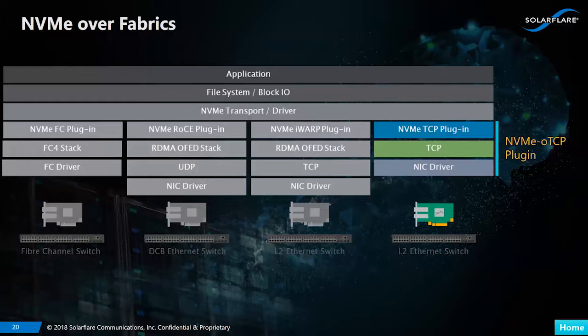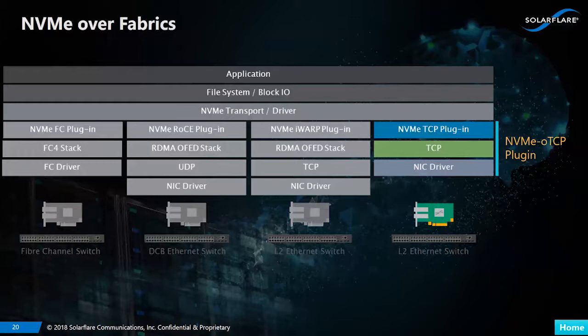That will give everybody in the industry a TCP kernel plugin that can run on any Ethernet NIC. So everybody on this call, plus our other competitors, will all have the ability to run that. Where the big differentiators are going to come in is on the target side, where you've got lots of initiators banging on a target and you need higher performance. This could be all flash arrays, a JBOF, or even, in some cases, disaggregated storage.